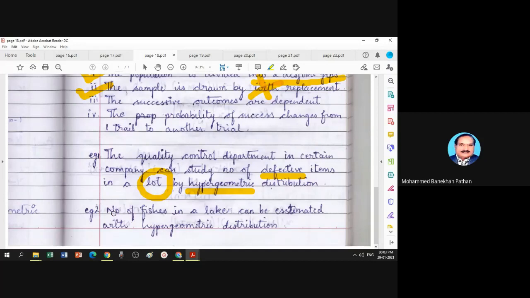Example number two: the number of fish in a lake can be estimated with hypergeometric distribution. This is a very interesting example of hypergeometric. Suppose we have a lake, and in that lake we want to estimate on average how many fish there are. How can we proceed? We can proceed by making an experiment on a certain day.